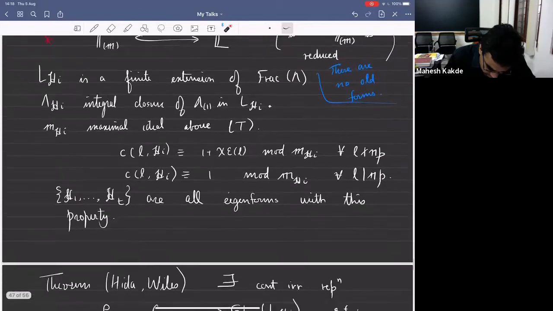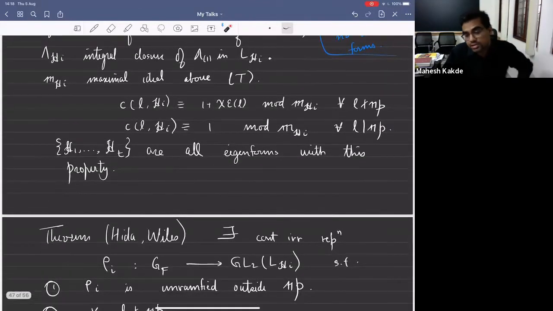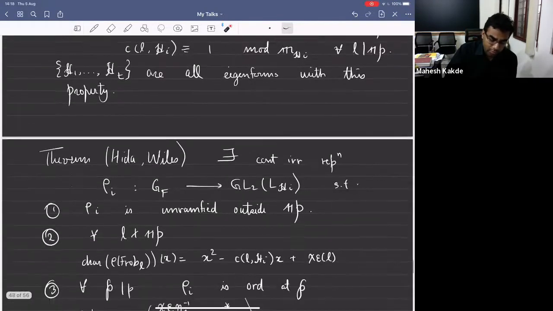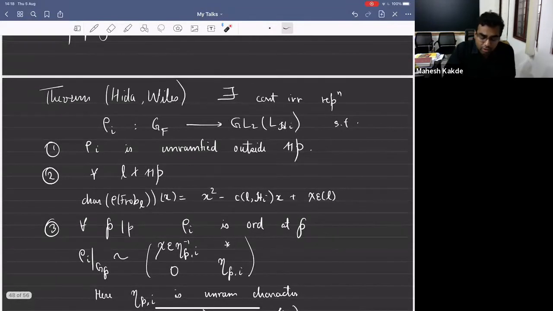So these are all the forms which are Eisenstein. But now the good thing is, even though we have obtained them abstractly, these are eigenforms, and so there are Galois representations attached to these.